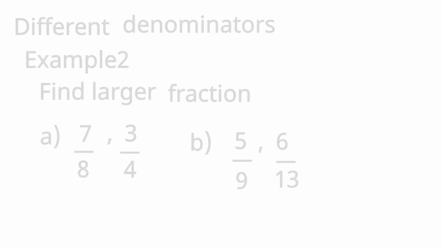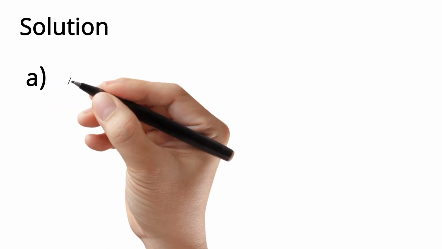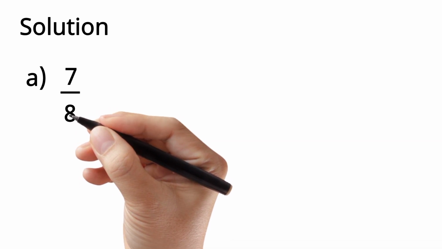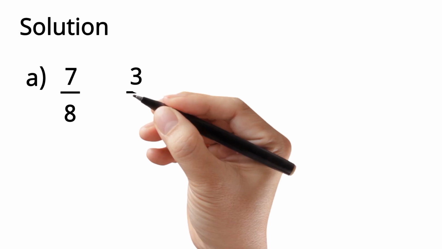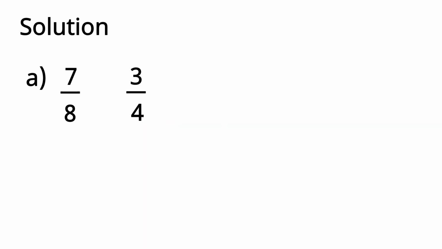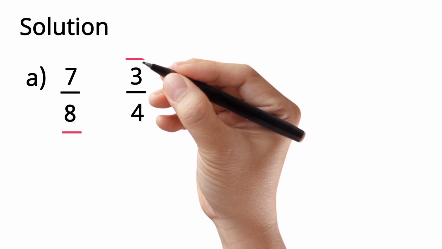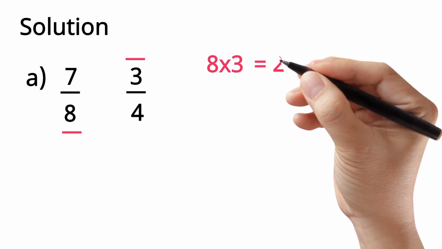Now starting with A, solution. So A, it was 7 over 8, and then the other fraction was 3 over 4. Now take 8 and multiply it by the numerator of the other fraction. So 8 times 3 is equal to 24.